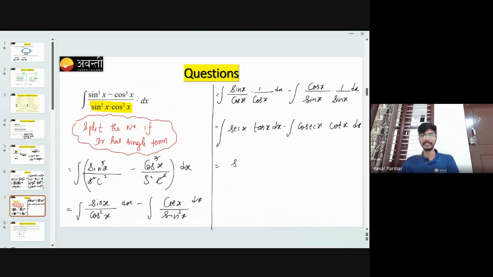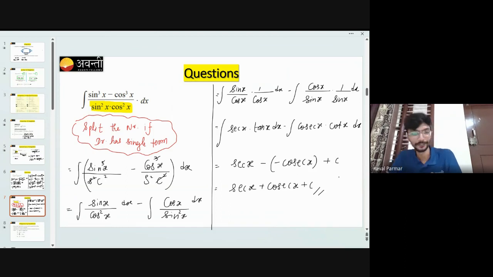So this will be sec x minus, derivative of cosec x is minus cosec x cot x. So if I take integration of cosec x cot x, it will be minus cot x. So minus of minus cosec x plus c. That means my final answer is sec x plus cosec x plus c.